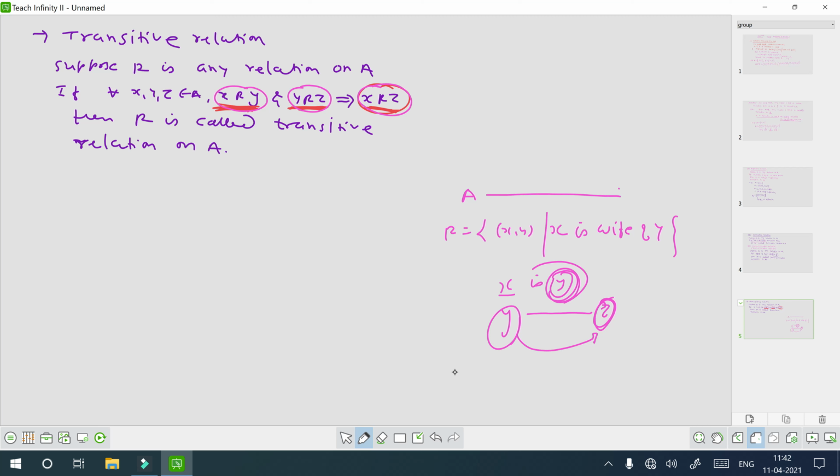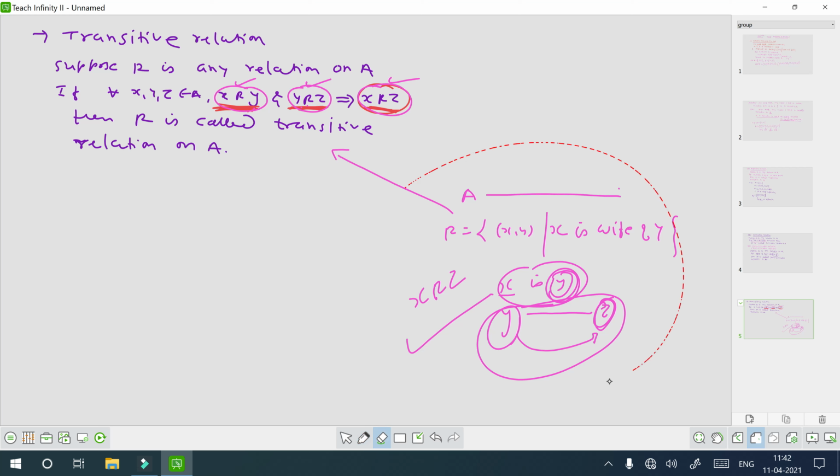So xRy is given, but yRz is not given. So there is no need to check xRz. If these two conditions are there, then we have to check it. If one condition is given and the other is not, then we accept that it is transitive. So this relation is a transitive relation.